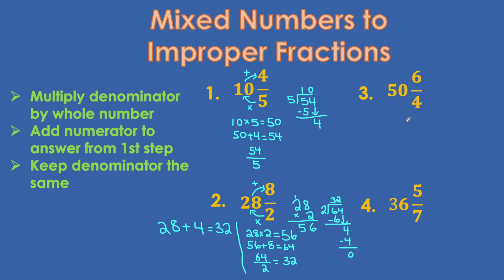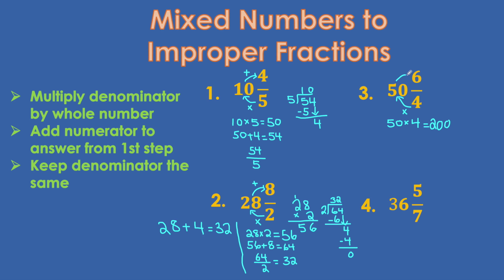We're going to multiply the denominator by the whole number, which would give us 50 times 4, which equals 200.